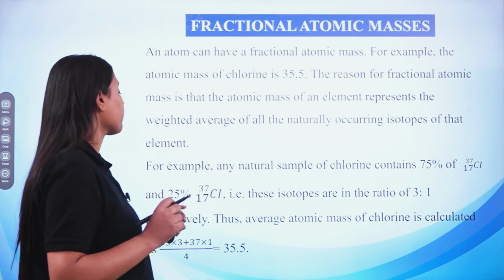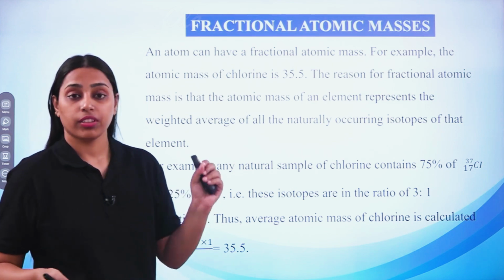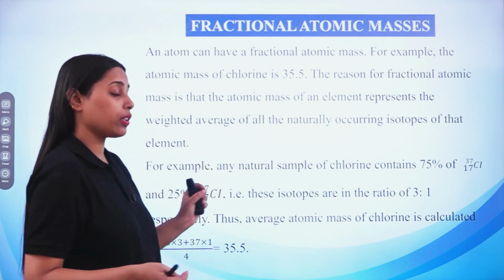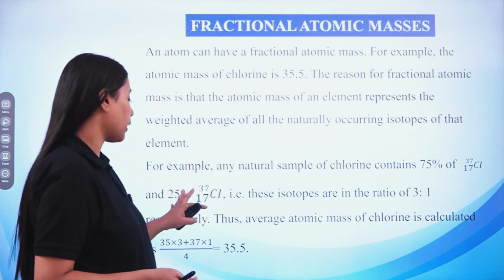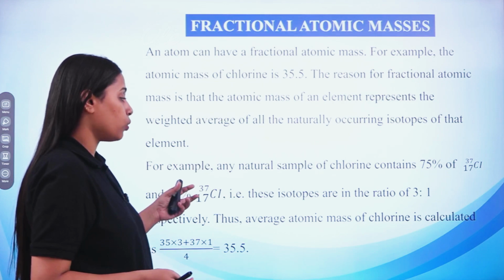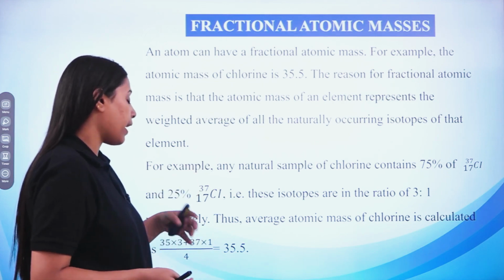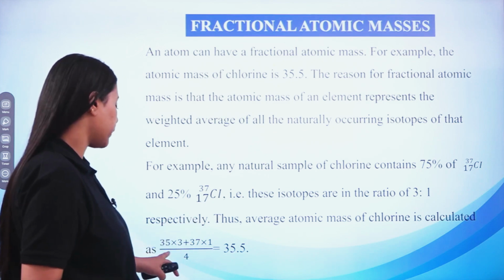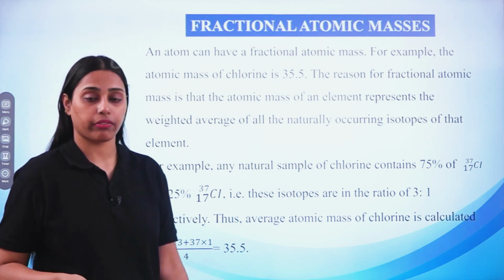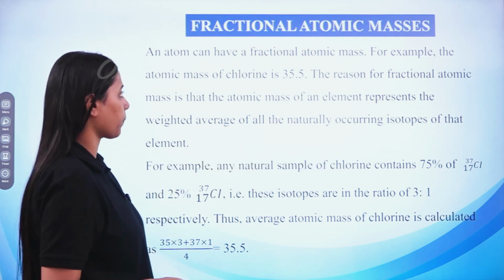For example, chlorine has 75% of the isotope with mass 35 and 25% of the isotope with mass 37. So these isotopes are in the ratio of 3:1 respectively. Thus, the average atomic mass of chlorine is calculated as 35 into 3 plus 37 into 1 upon 4, equals 35.5.